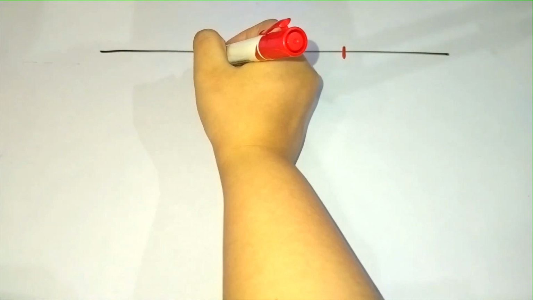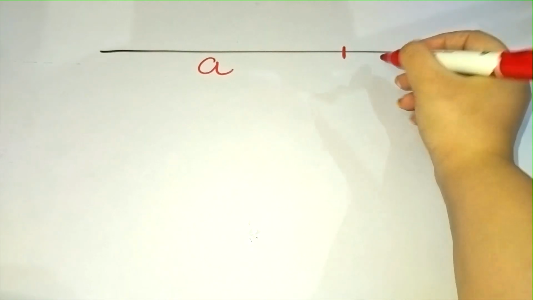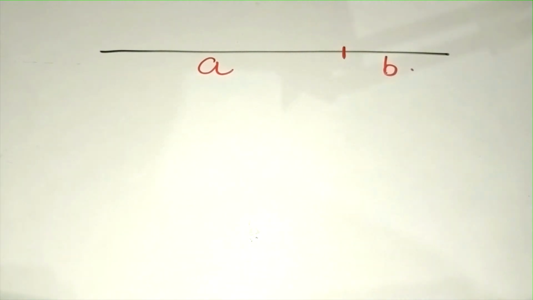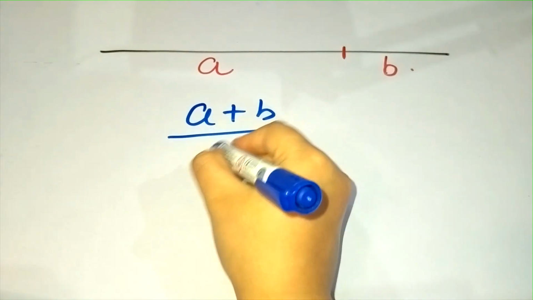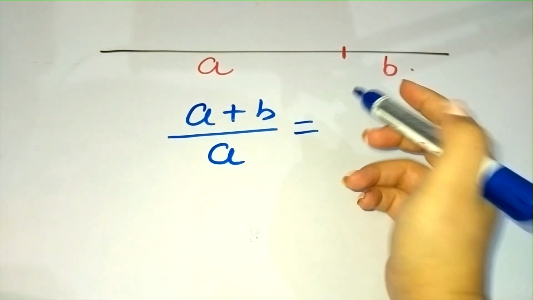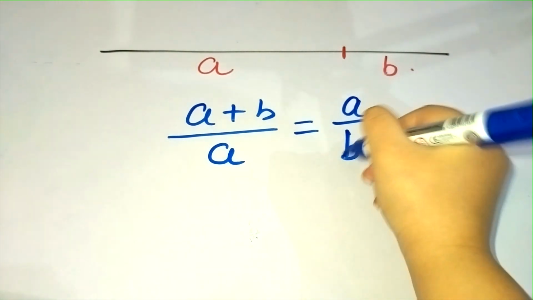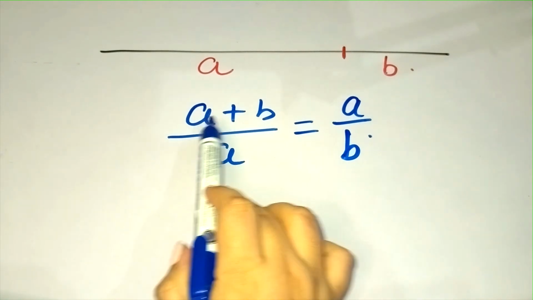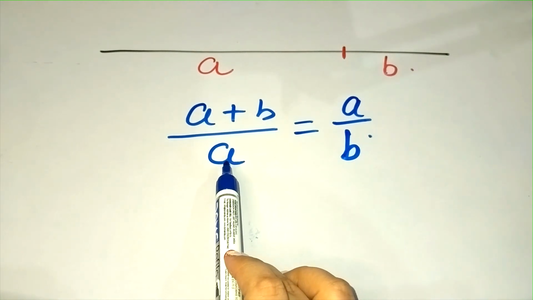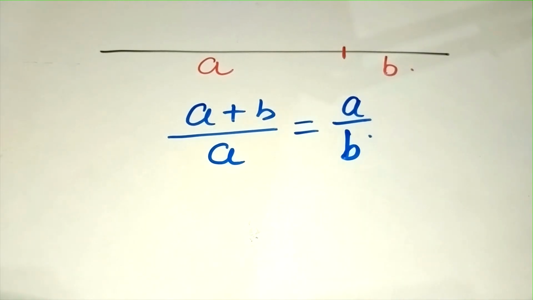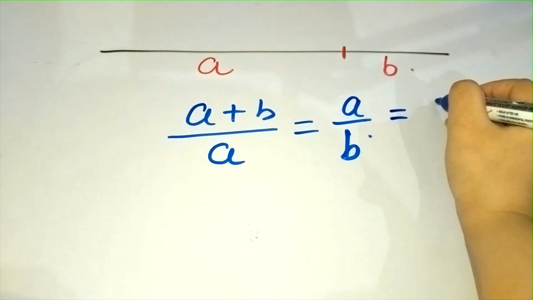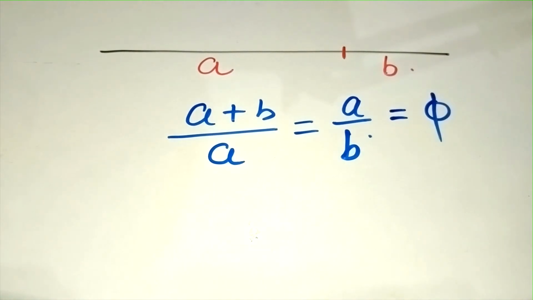Let the longer part be A and let the shorter part be B. The golden ratio occurs when the relationship is (A plus B) upon A, the longer part, equals A upon B. The ratio of the whole to the larger part is the same as the ratio of the larger part to the smaller part. This ratio is called phi.